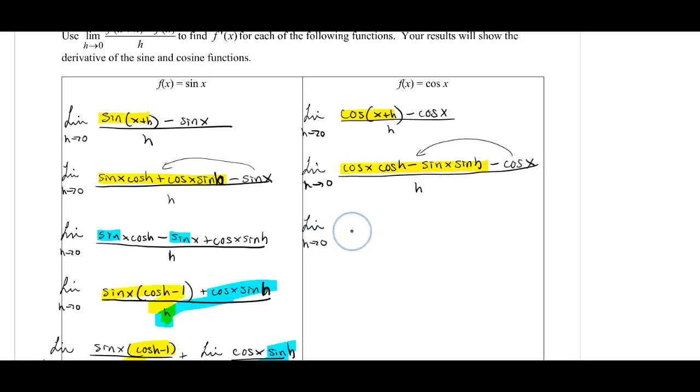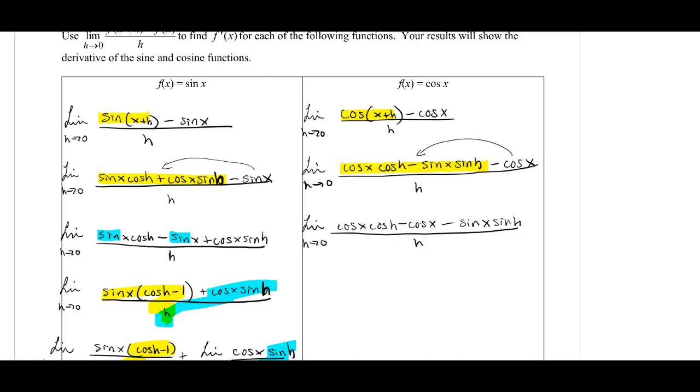Limit as h approaches 0 of cosine x cosine h minus cosine x minus sine x sine h all over h.